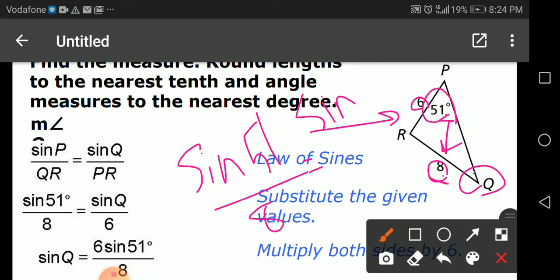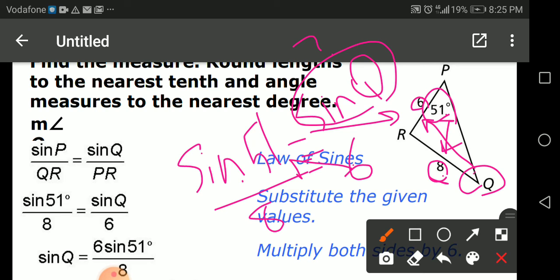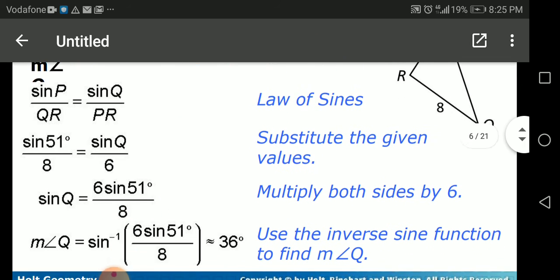I need to find the measure of angle Q. It's very easy, guys. So how can I find this one? This is the required: 6 times sine 51 over 8, by using the calculator.